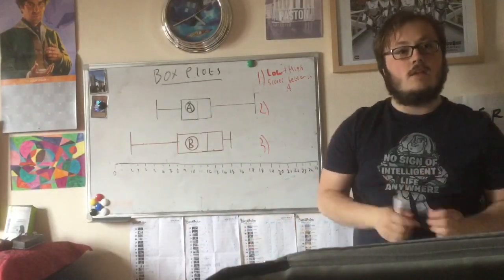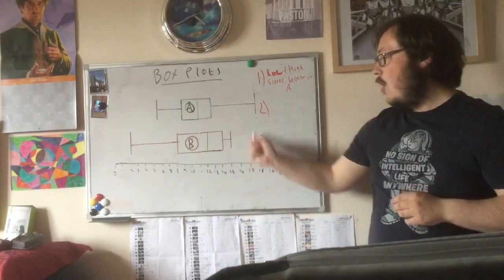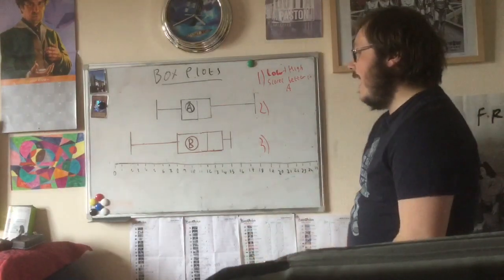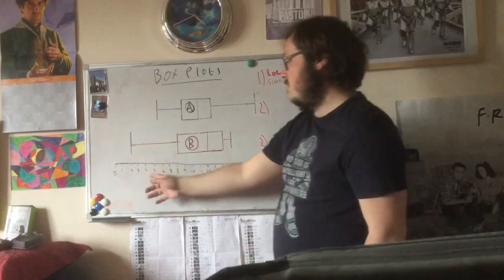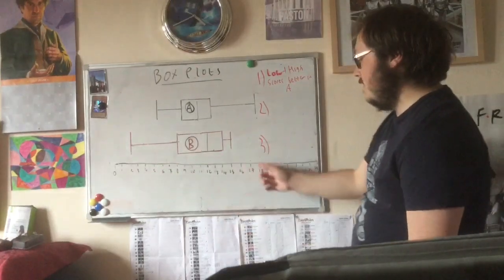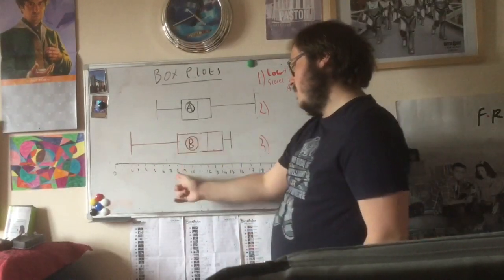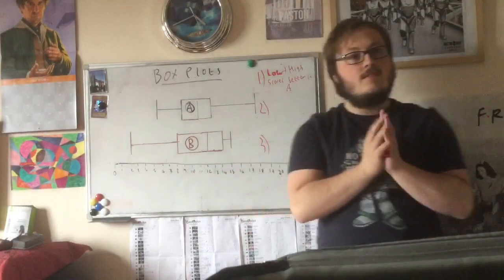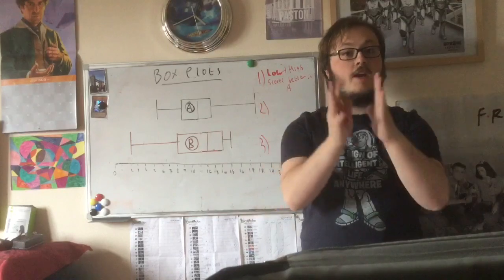Now let's look at number 2. Now for these 2 points, I want to focus more on the boxes themselves. Now for A, we can see that it starts at 5 and ends at 18, and even the boxes, it starts at 8 and ends at 12. So there isn't really much of a spread. The spread is really small.